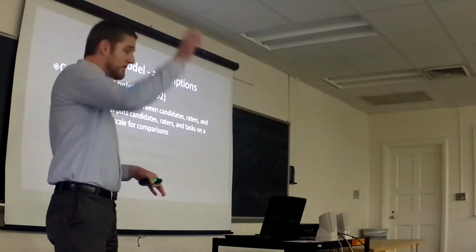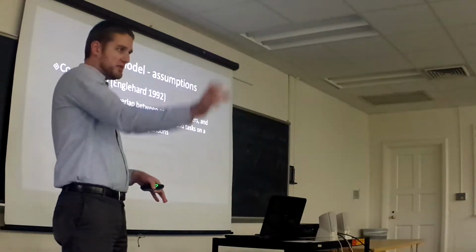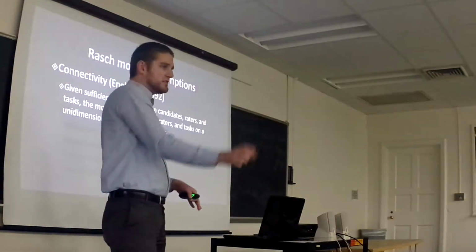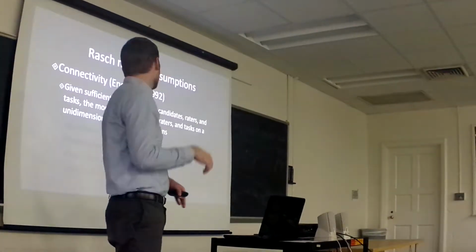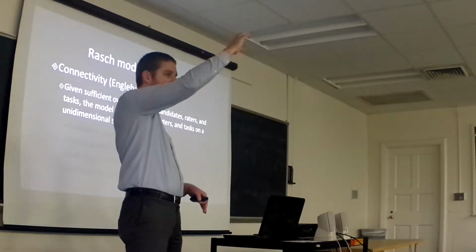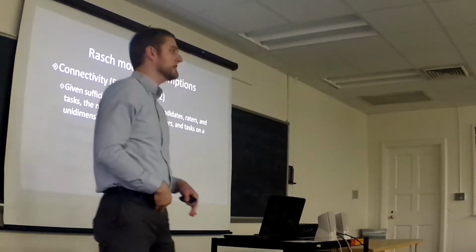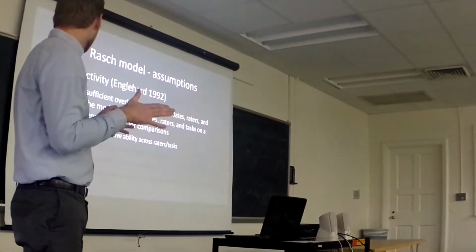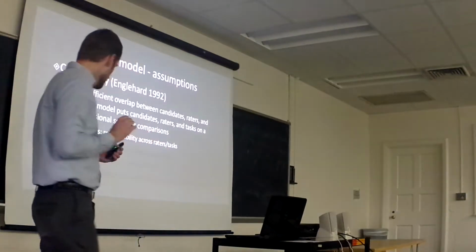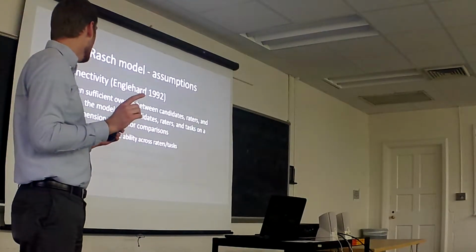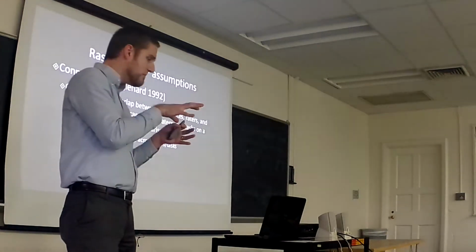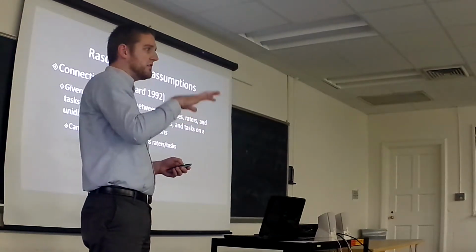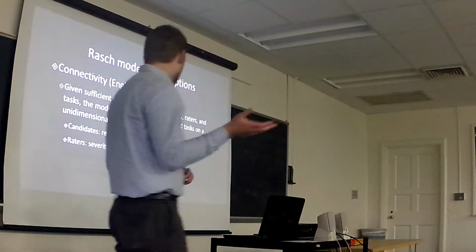the model can put the candidates on what's called a unidimensional scale: of candidate ability, of rater severity, so more severe raters and less severe raters, and then the difficulty of the tasks, more difficult tasks and less difficult tasks. It does this using a probabilistic model. I'll get to it in a minute. The candidates then get a relative ability score across the different raters and the different tasks that they did.